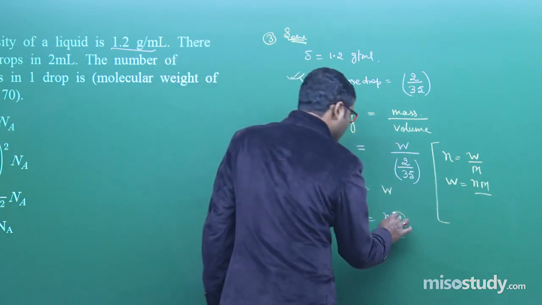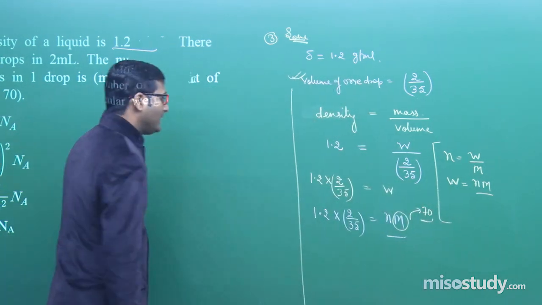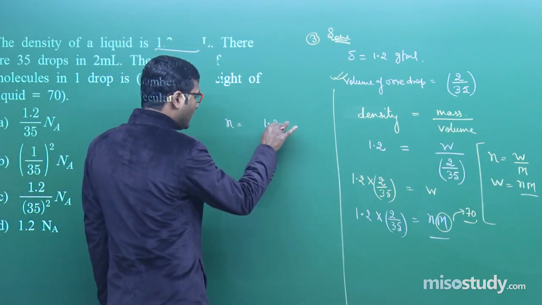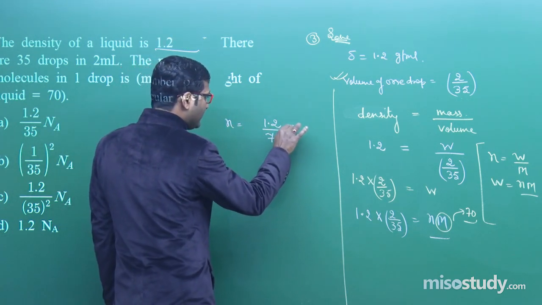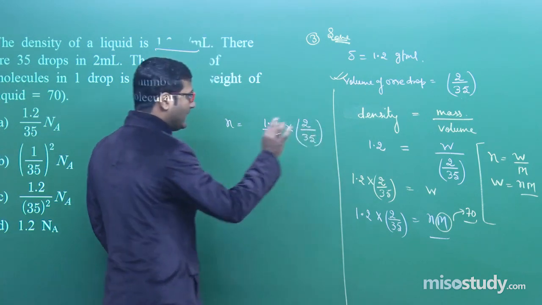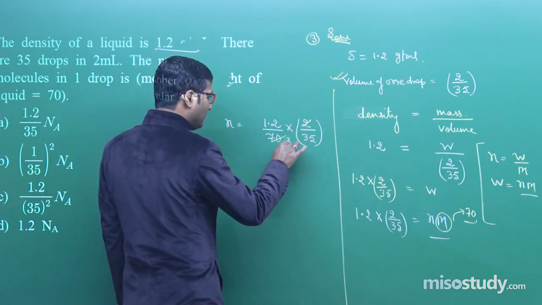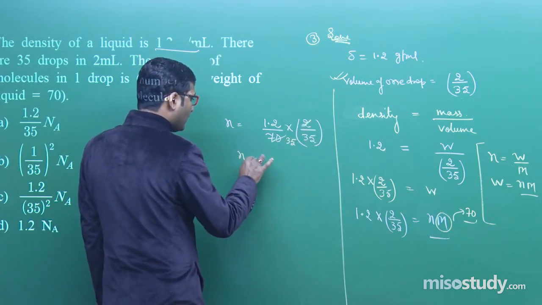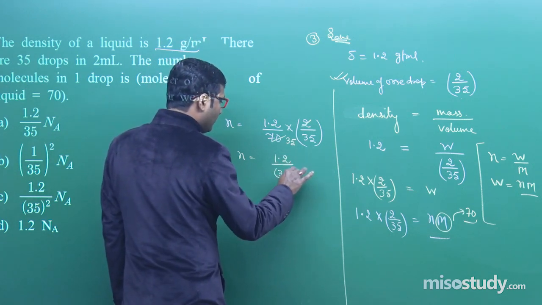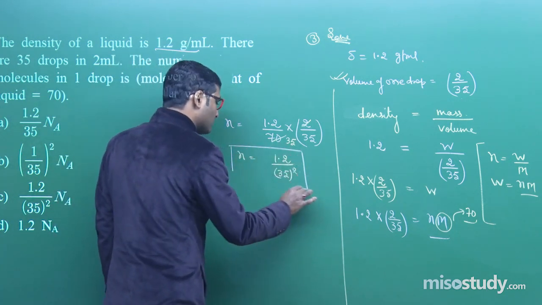The molar mass given in the question is 70. So number of moles is equal to 1.2 divided by 70 multiplied by 2 upon 35. Now 35 will cancel, so we get the number of moles equal to 1.2 upon 35 square. This is the number of moles we have got.